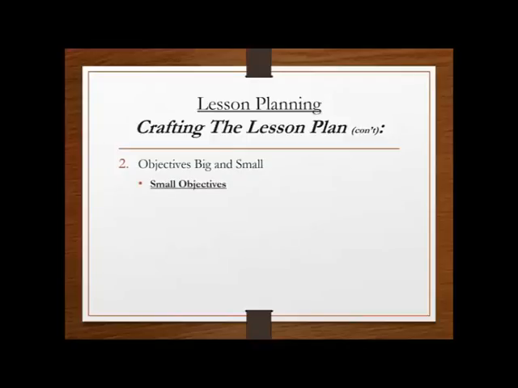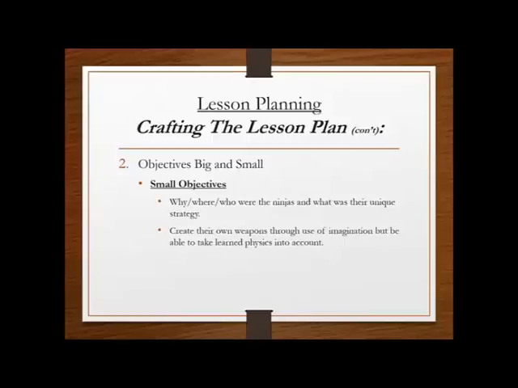For our small objectives in the weapons study class, we decided who, where, and why the ninjas were and what their unique strategy was. So this would have been something I narrowed way down into a specific unit of warrior that I wanted them to focus on.